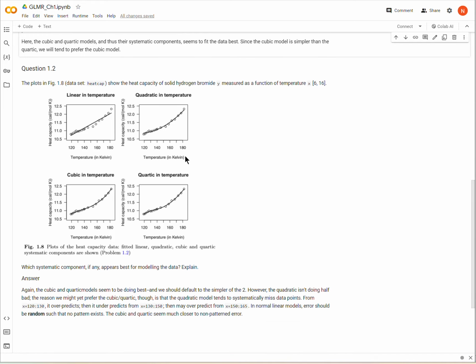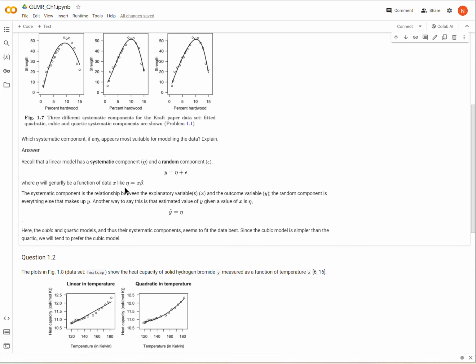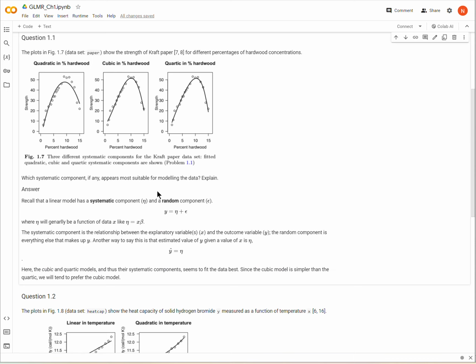But what we are being asked to do is to look at figure 1.8, which I've reproduced right here, and determine which of the systematic components seems most appropriate. Okay. So again, as a reminder, up here in question 1.1, remember that the systematic component, often denoted as eta, where eta equals x beta, is the systematic component.